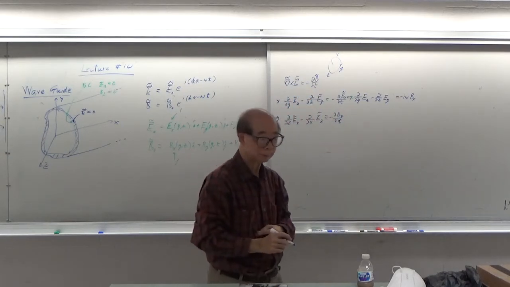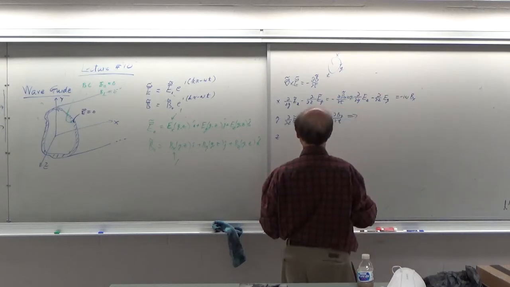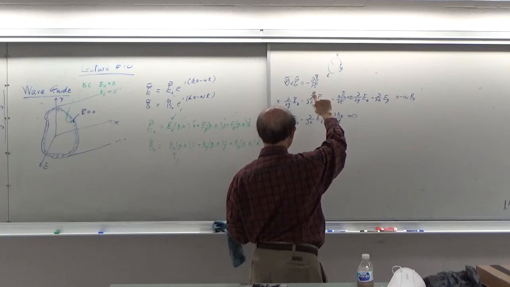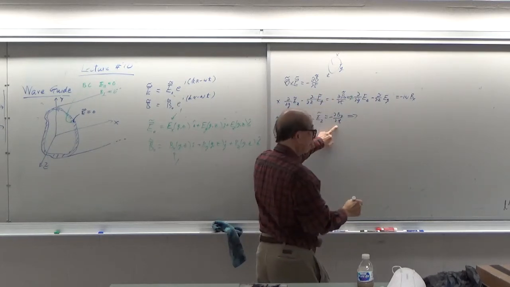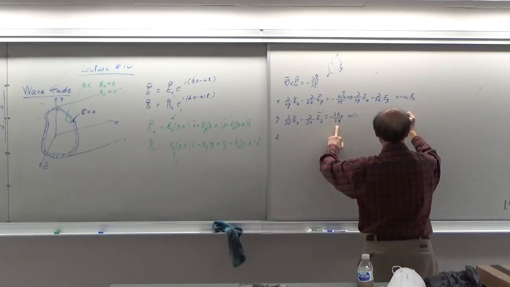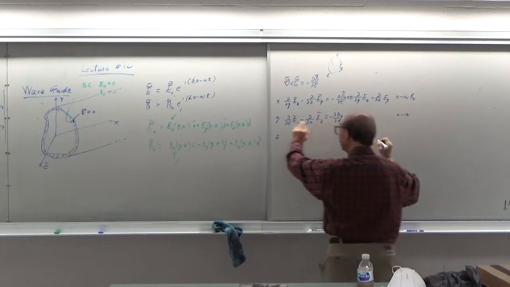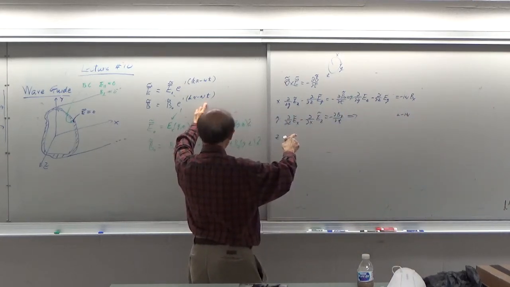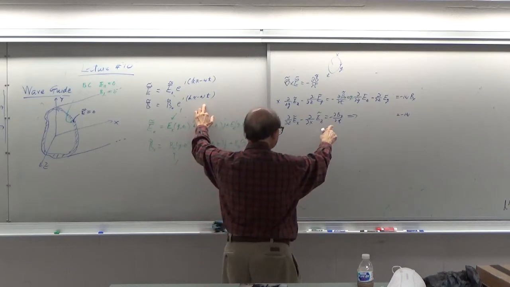Have I done it correctly? Y component, del by del z, correct. Again, the right side gives me minus i omega, coming from the derivative of the exponential function, and then I will have By.